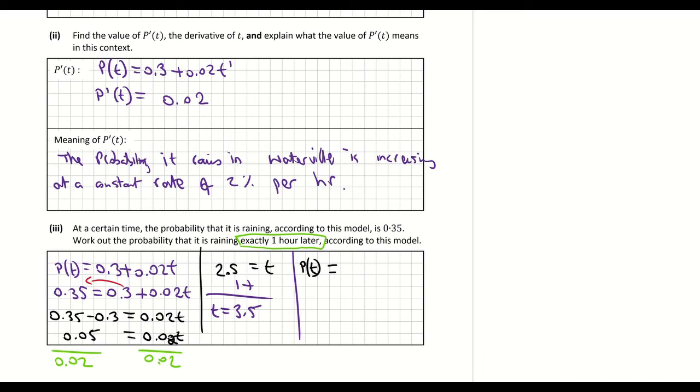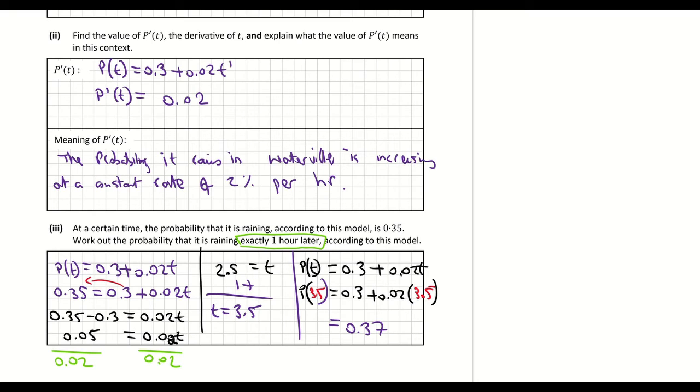The probability is 0.3 plus 0.02 T. I'm looking now for the probability at 3.5, so I'm subbing in 3.5 for T. So that's 0.3 plus 0.02, sub in my 3.5. And that's giving me a probability of rain of 0.37.